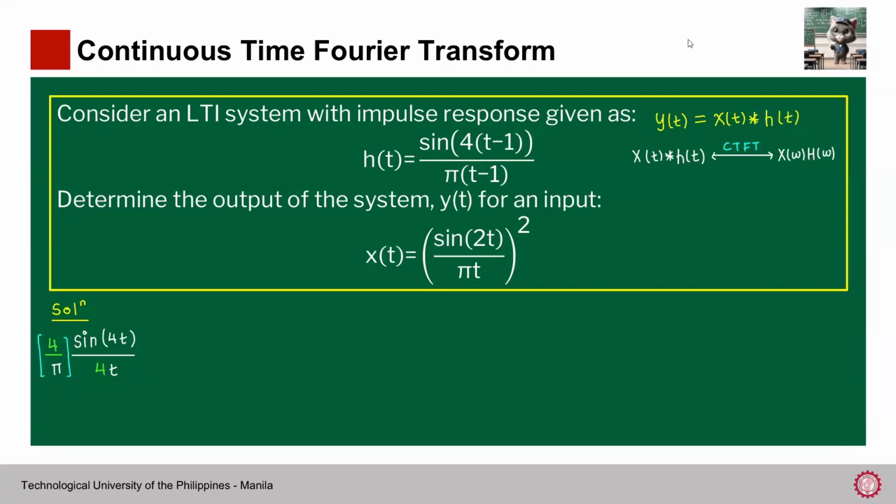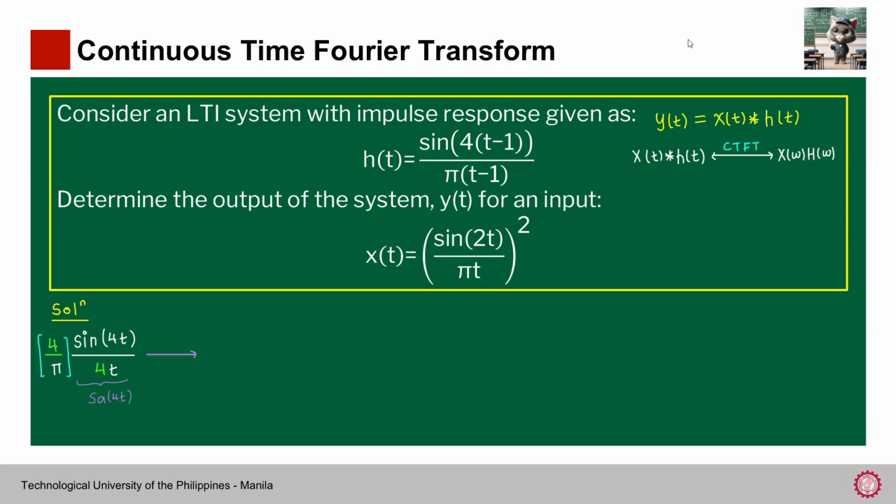So this is simply equal sa sampling ng 4t. And what is the Fourier transform ng sampling?